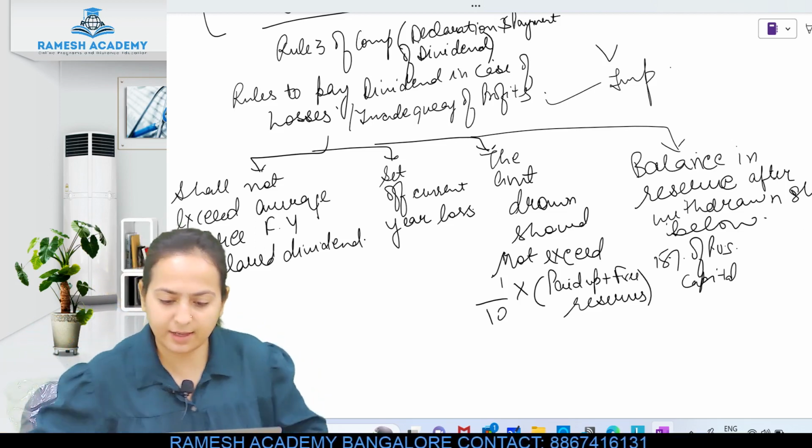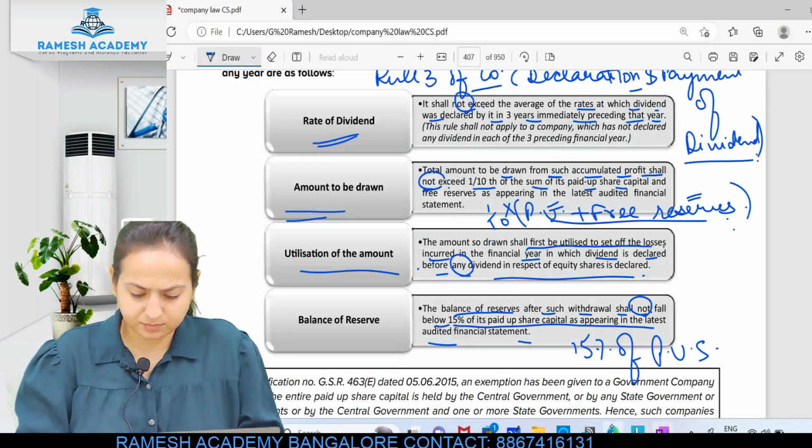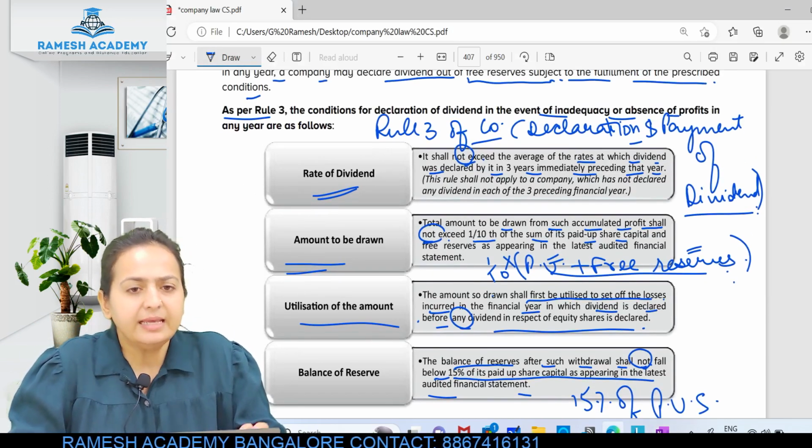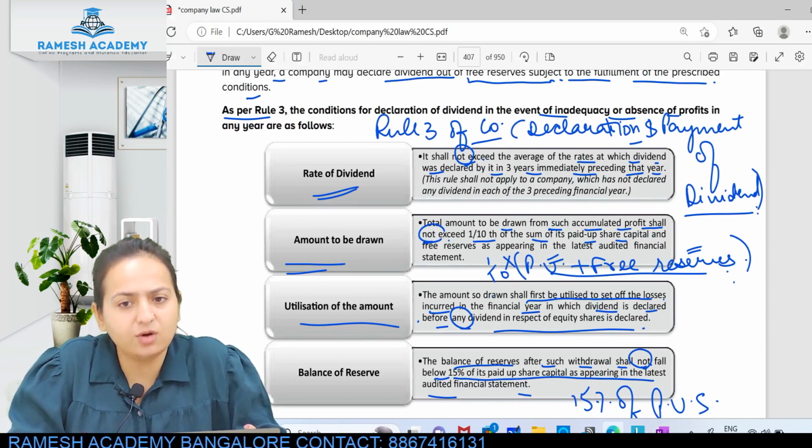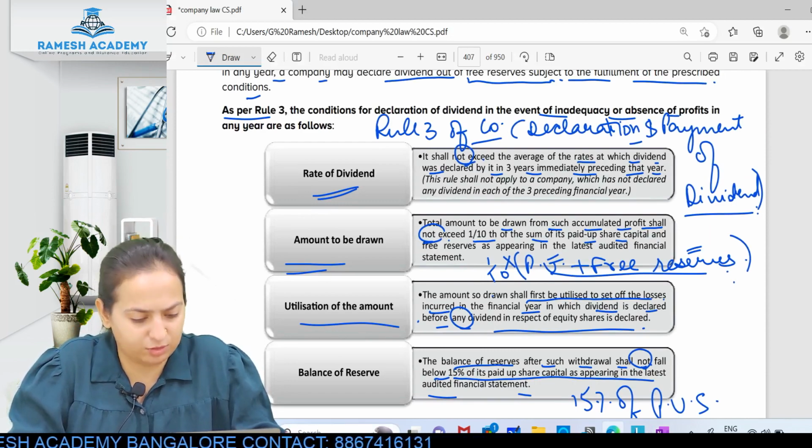Yes, so I hope we have already written. So these are the conditions in case of inadequacy of the profits or in cases of loss.